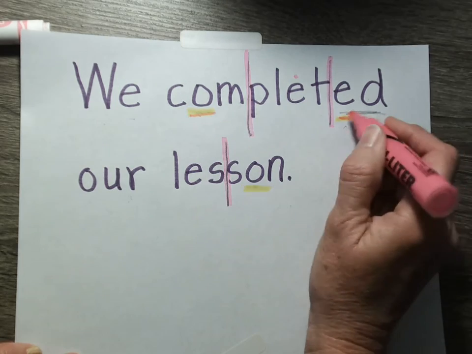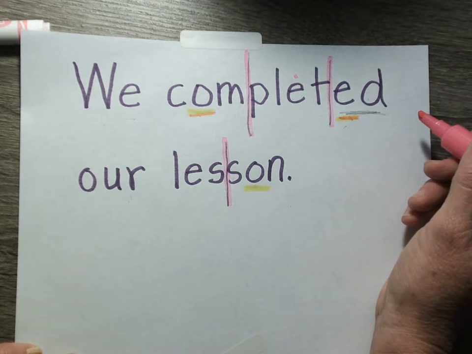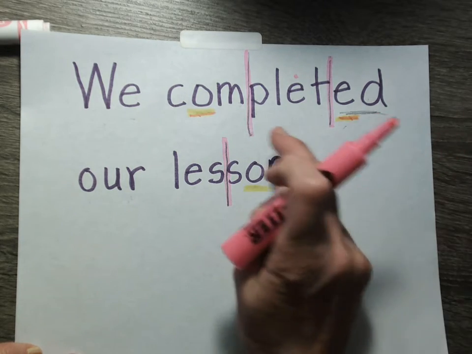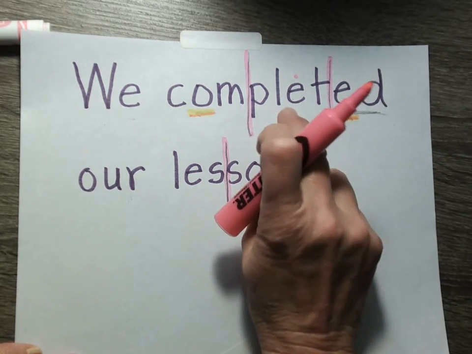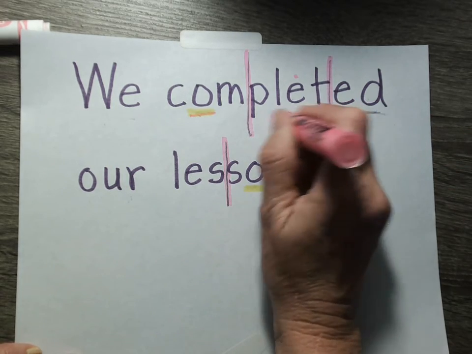But the O and the E, because I'm a lazy speaker, they get kind of swallowed up. You don't really hear them very clearly. Completed. You see, I put most of the force on this syllable right here.